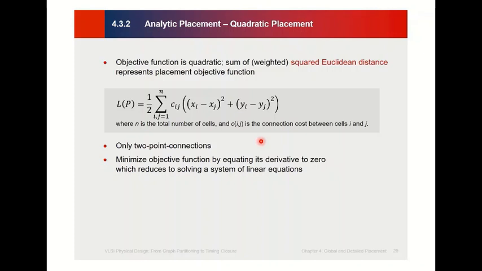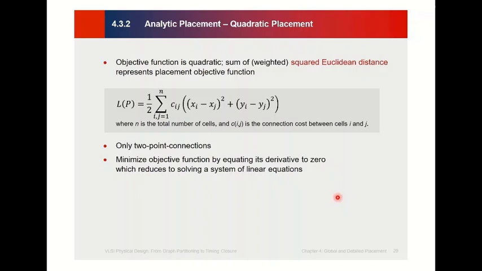So total all those distances, solve the quadratic equations to find the proper placement, so that the distances between cell 1, cell 2, cell 3, cell 4 are minimized.